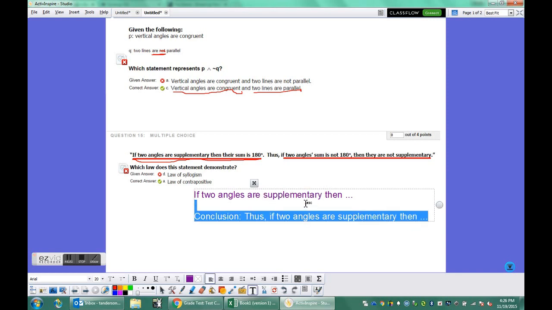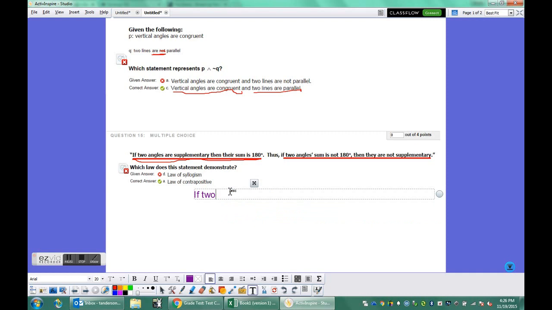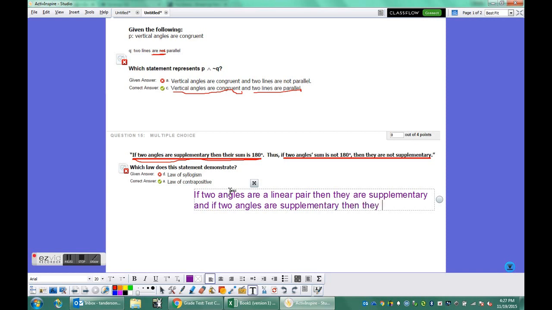Another example of when you're using law of syllogism. Let's say if two angles are a linear pair, then they are supplementary. And if two angles are supplementary, then they sum to equal 180.